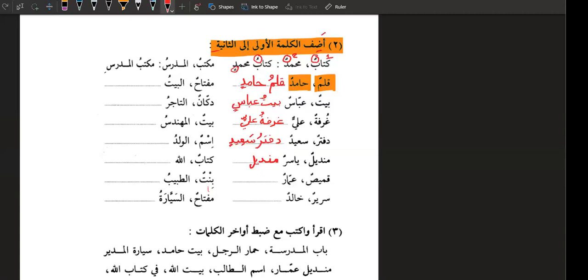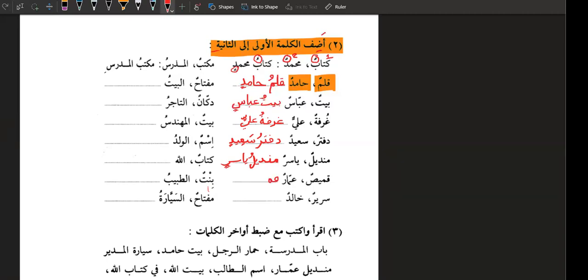So we say منديل ضمة واحدة and then ياسر كسرتان. منديل ياسر. ما معنى منديل ياسر? Yasser's handkerchief.